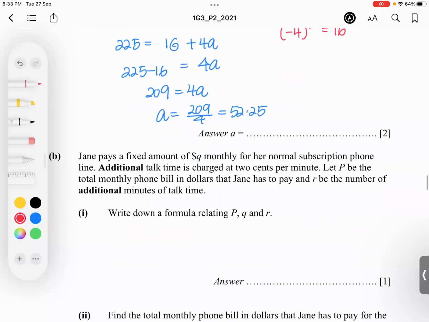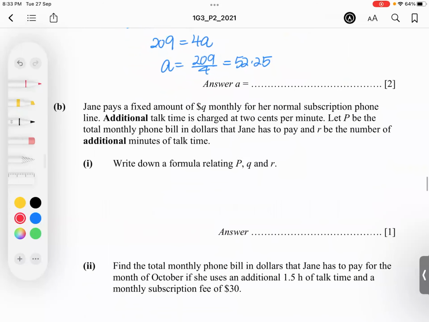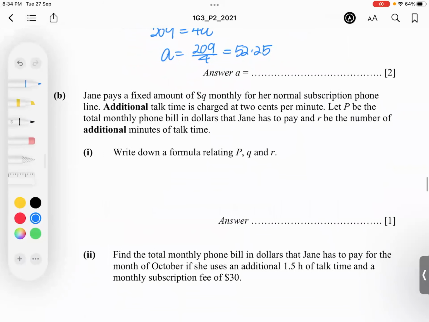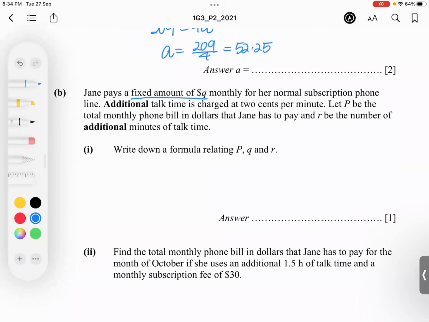Okay, this one needs explanation. Jane pays a fixed amount of Q monthly for her normal subscription phone. I wonder if you remember I mentioned y equals mx plus c a few times before. When you have a plus c here, this is similar to your fixed cost. That means when the number of units that I use is 0, I still need to pay a fixed cost for it.